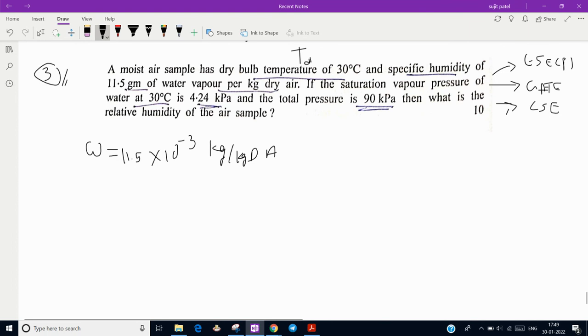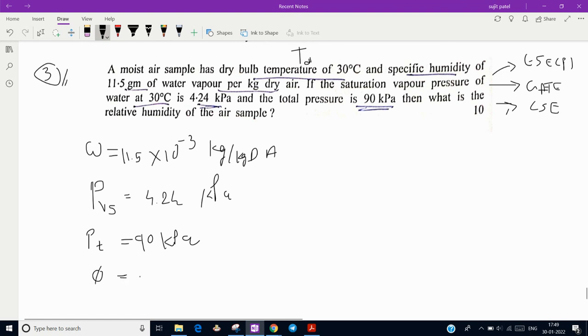If the saturation pressure of water vapor at 30 degrees Celsius is 4.24 kilopascal, so the partial pressure of water vapor at saturation PVS is 4.24 kilopascal, and the total pressure PT is 90 kilopascal. So what is the relative humidity phi?